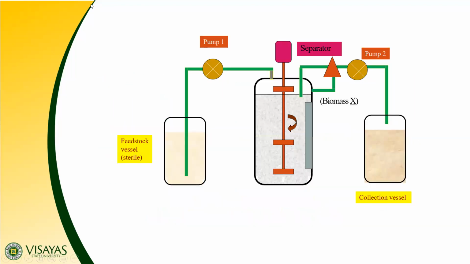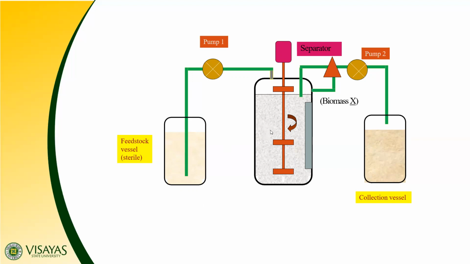Sorry, this is the illustration of the fed batch culture. In the fed batch culture, you have this feedstock vessel, which contains the nutrients or the substrates that are needed by the microorganisms.